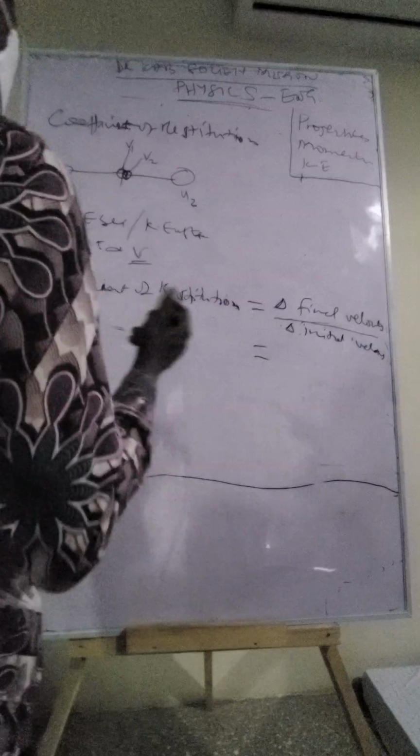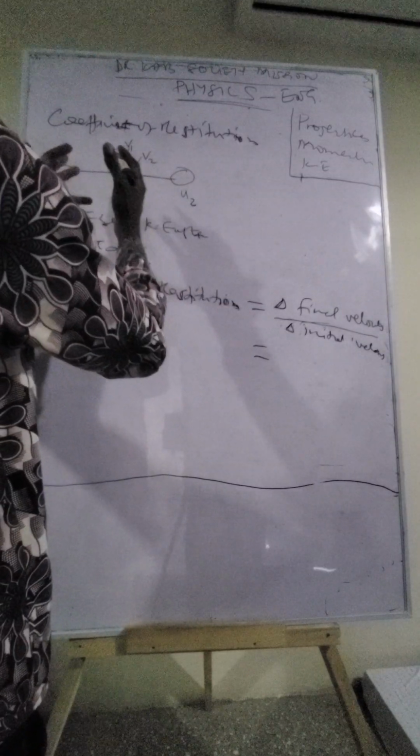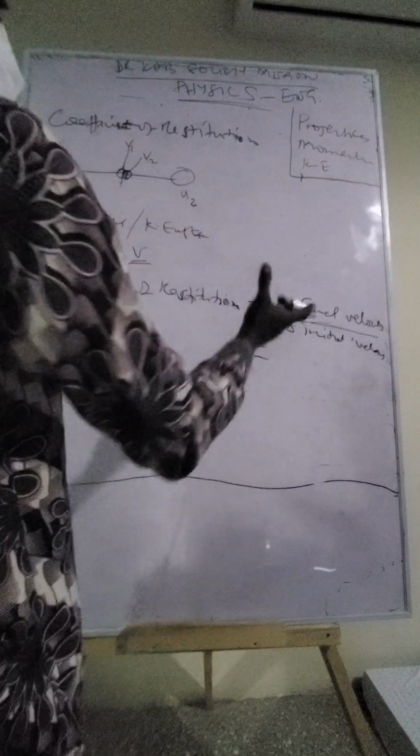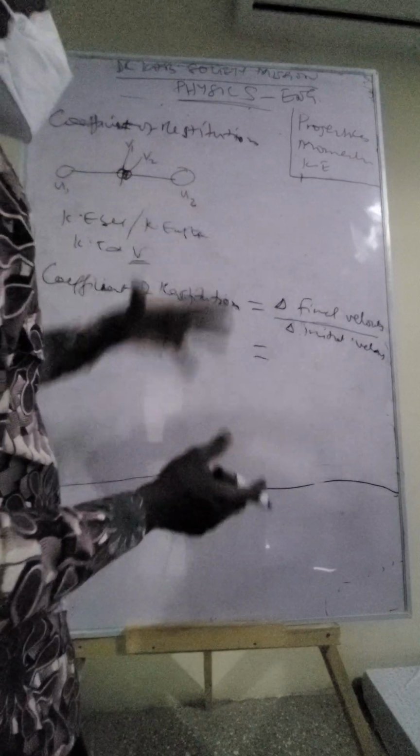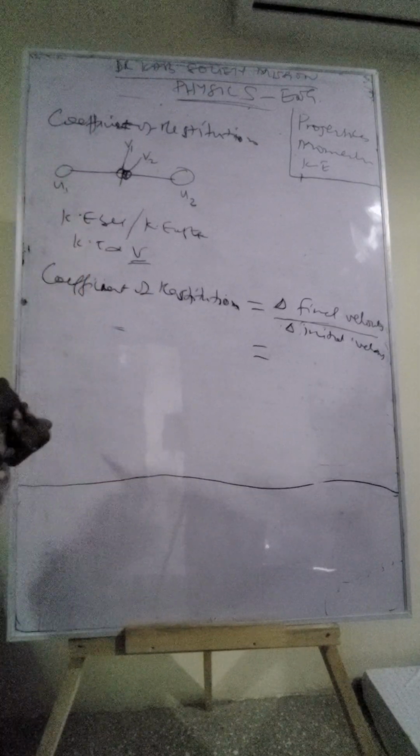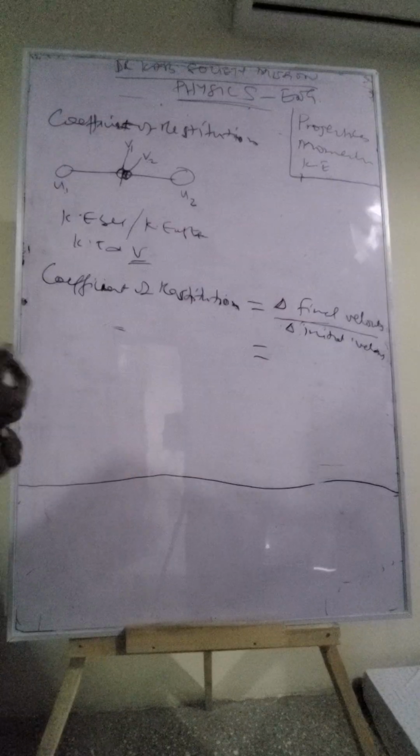So we actually know that when they are starting, usually the energy that you start with is going to be reduced. So we want to see by what fraction it has been reduced. If there's no reduction, then that is a perfect elastic collision.